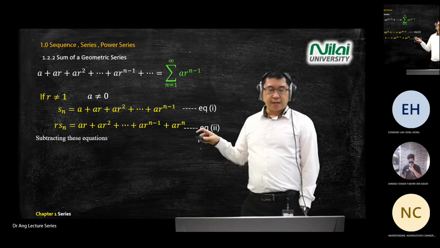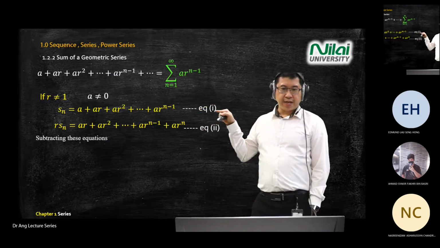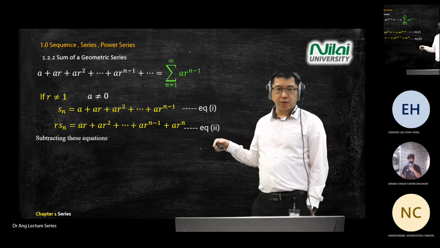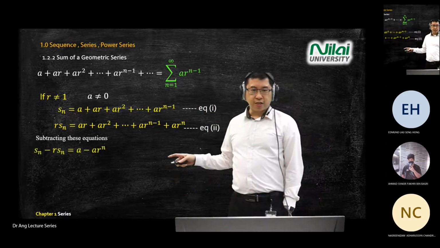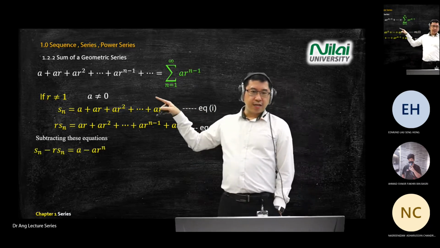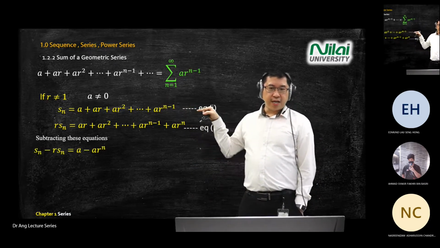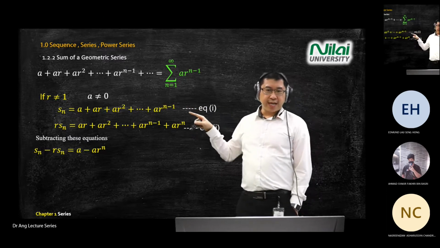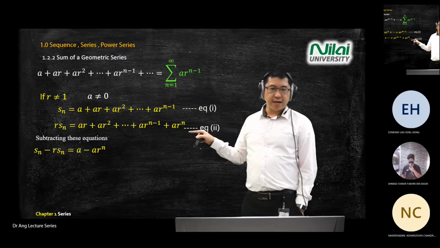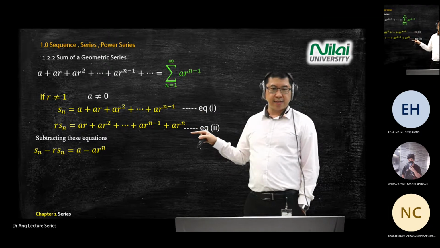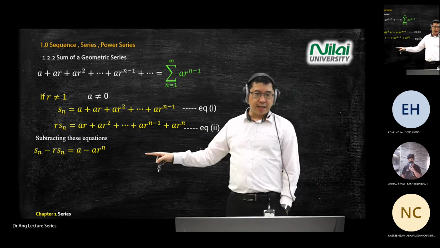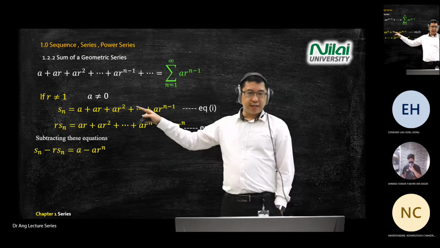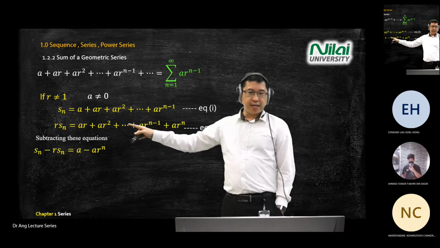Now we take equation 1 minus equation 2, you can write it in this way. You take equation 1 minus equation 2, you get Sn minus R Sn. And then how do you get A minus AR^n? You look at the second term, AR minus AR, you take away.